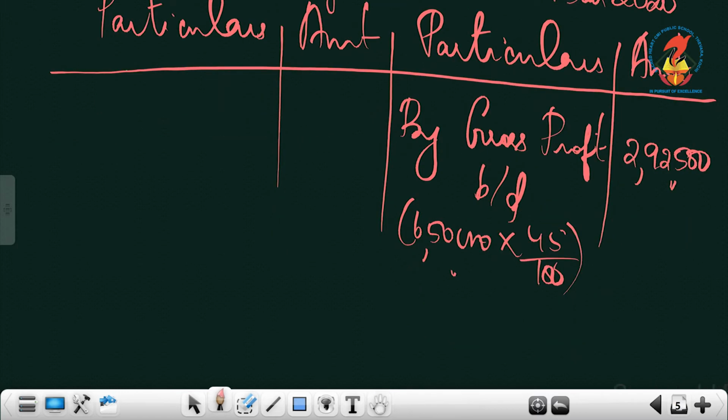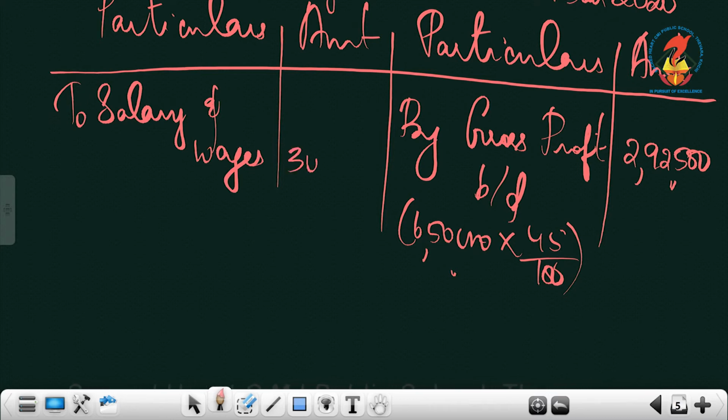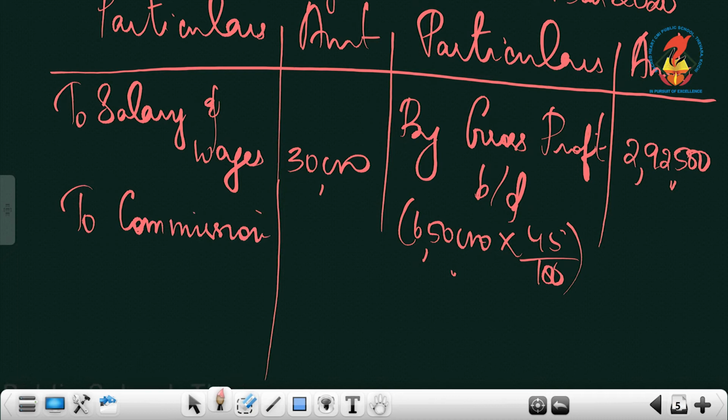Then all indirect expenses on the debit side, indirect incomes on the credit side. So we can write the first one, salary and wages, which is indirect. So you take it here. Salary and wages, the amount is 30,000. Then to commission paid. Even if you simply write commission, the meaning is commission paid.